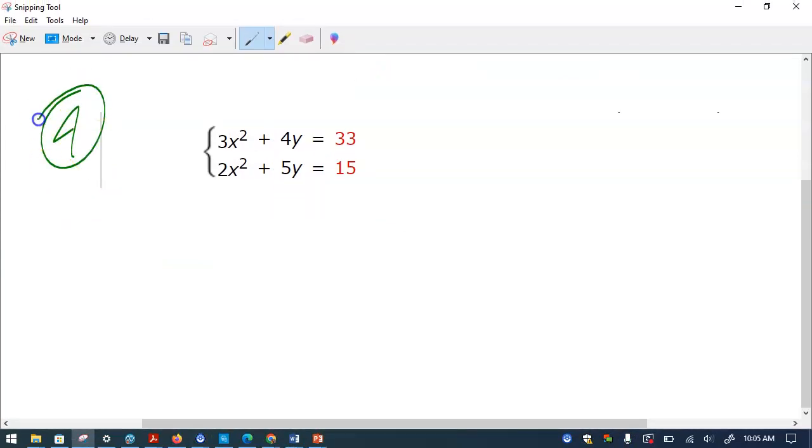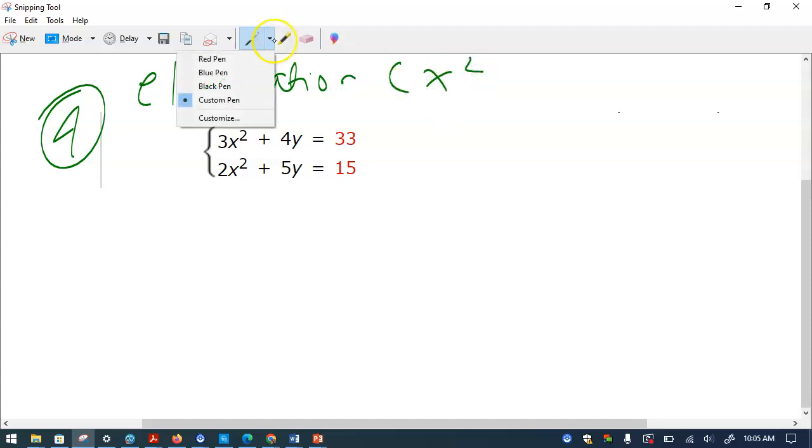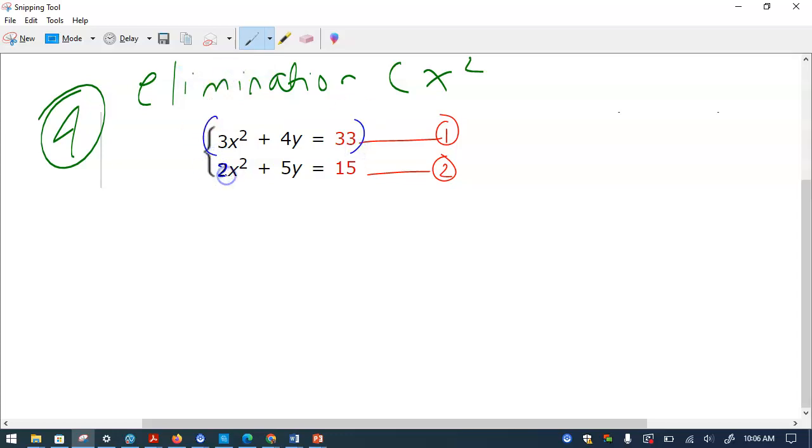Problem number 4, we can use elimination method here. So you're supposed to use elimination method. I'll try to eliminate x square. So if I want to eliminate x square, I can call this equation number 1 and equation number 2. First step is we'll multiply the first equation by 2, and I want to get the same coefficient for x square.